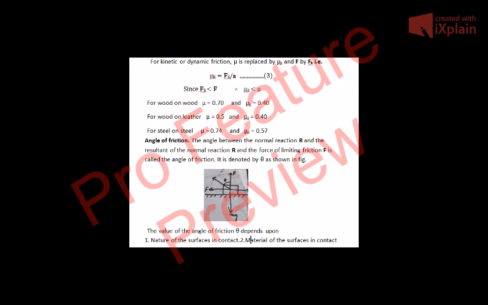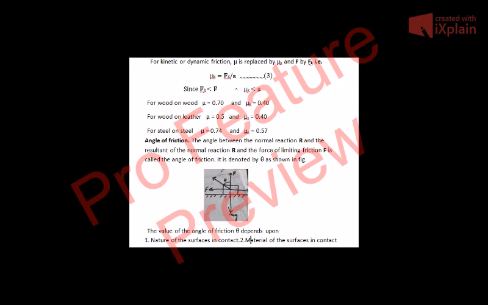For wood on wood, the coefficient of limiting friction is 0.70 and kinetic friction is 0.40. For wood and leather, the coefficient of limiting friction mu is equal to 0.5 and the coefficient of kinetic friction is 0.40.